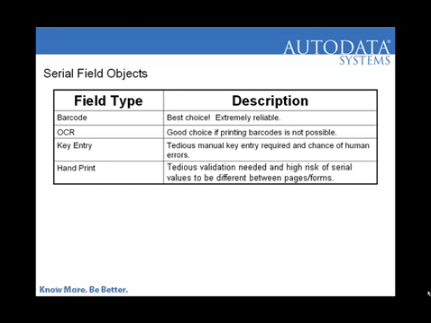The last 2, key entry and handprint types, can be used as serial fields, but it is not recommended because of the high chance for human error that can occur.